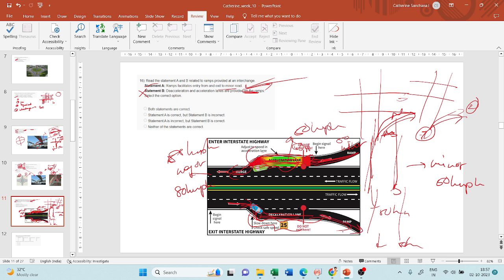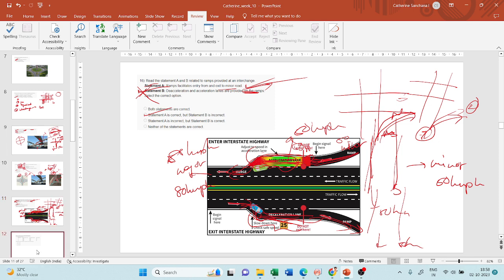A ramp will have an increasing grade or a decreasing grade, whereas the deceleration lane and acceleration lane will have the same, constant, flat grade. So statement B seems to be wrong. The answer is statement A is correct, but statement B is incorrect.